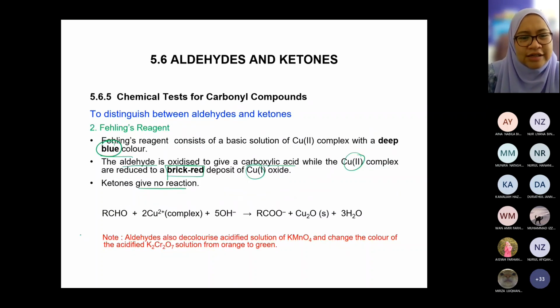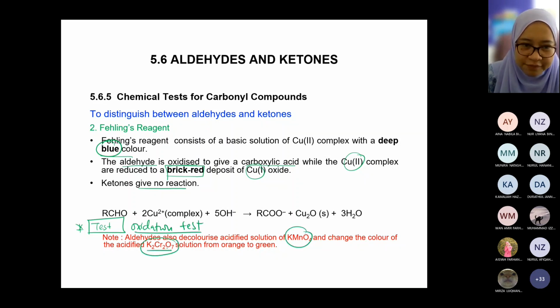Another test that is not included, maybe you can add it, is oxidation using KMnO4 or K2Cr2O7. Oxidation test using KMnO4 or K2Cr2O7. Because aldehyde can undergo oxidation, ketone cannot.